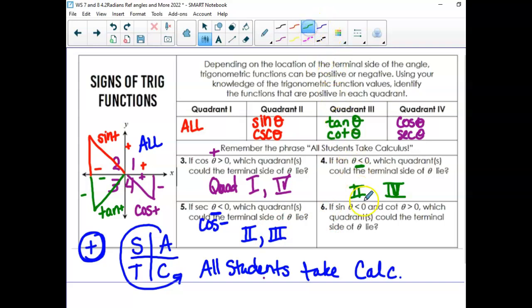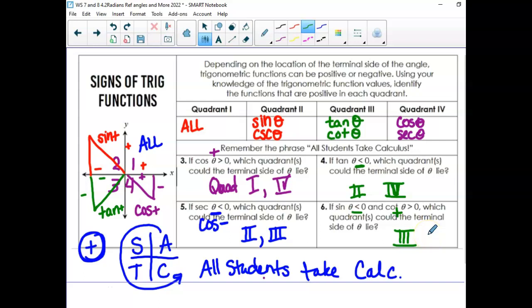And the last one, I think we might be down to 1 quadrant. If the sine is less than 0 or negative, and the cotangent, which means tangent also, is positive. So cotangent is positive in 1 and 3, right? Because tangent and cotangent. So where would the sine be negative then? 3.